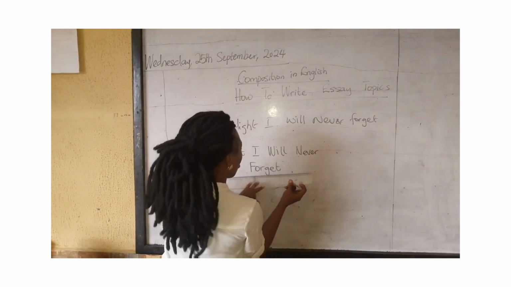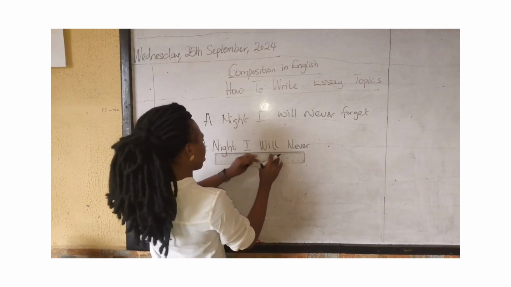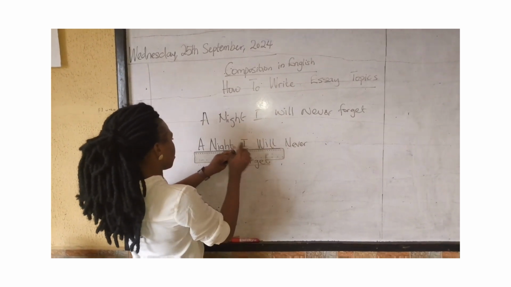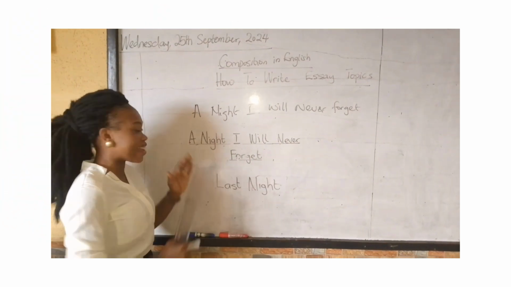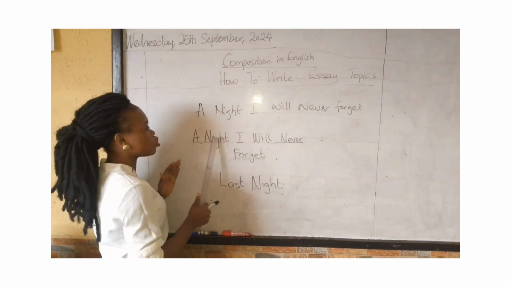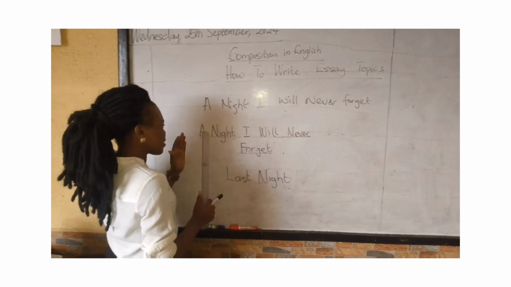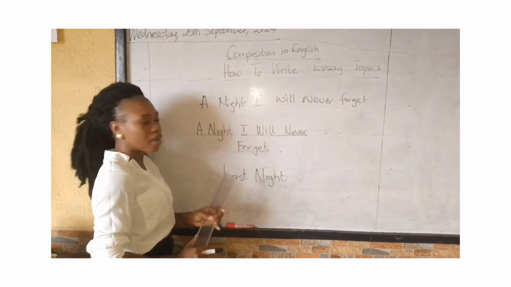You can choose to use your ruler if you want to underline. You can choose not to. It's your choice. One thing you should also consider is the spaces in between the words. How many words do we have here? 1, 2, 3, 4, 5, 6. Discover that between "A" and "night" there's a space, between "night" and "I" there's a space, and it goes on.